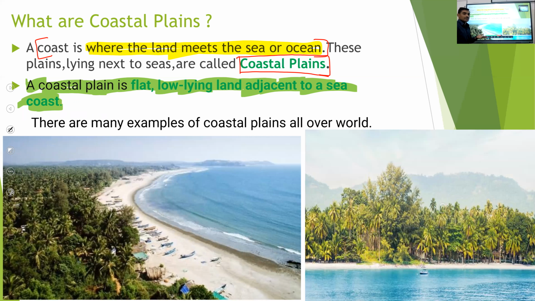So in our India, we are having the coastal plains. As we are having a very long coastline in our India, adjacent to that, you are having coastal plains too. We are having the coastal plains on both sides of peninsular India, that is on the east side and on the west side. You can see the map. Let me open the map here.